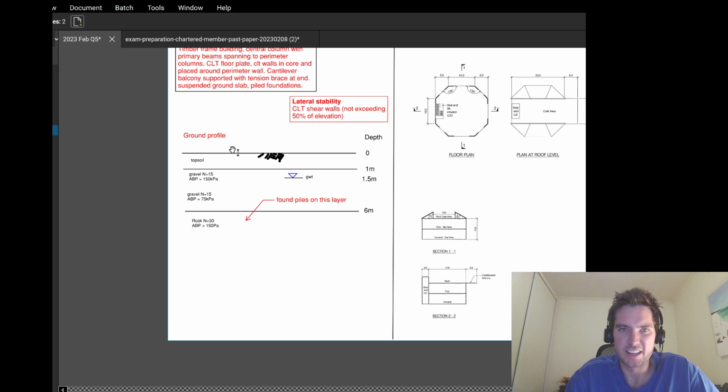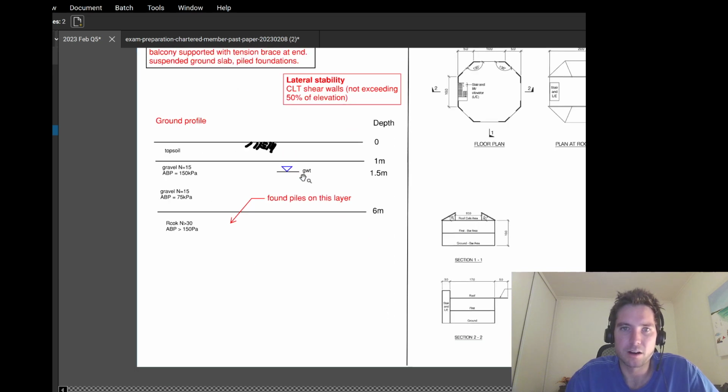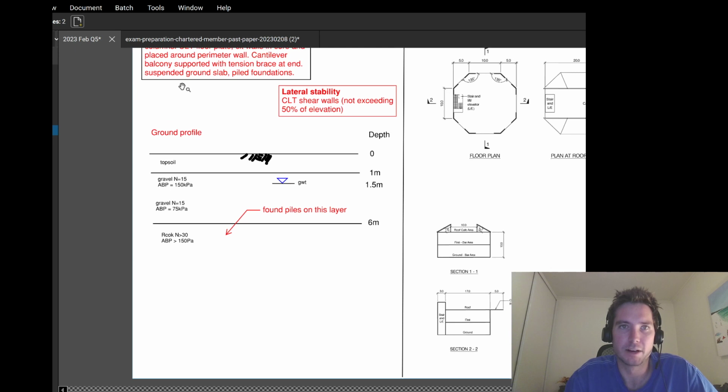So again, just sketching out the ground profile, but here I'm indicating, okay, so I'm going to actually use this rock layer with my piles coming down to this layer. So to me, that means my slab is actually going to be suspended off the piles. So I'm going to actually leave the topsoil here.